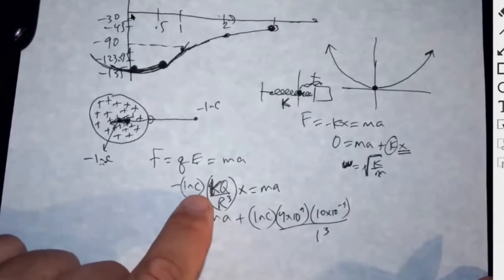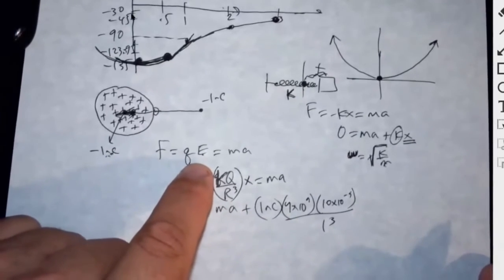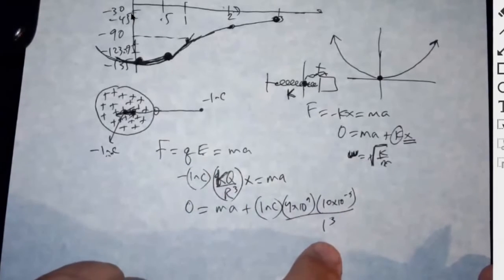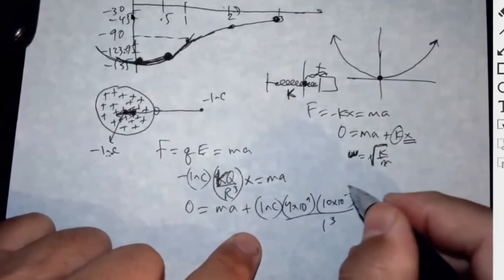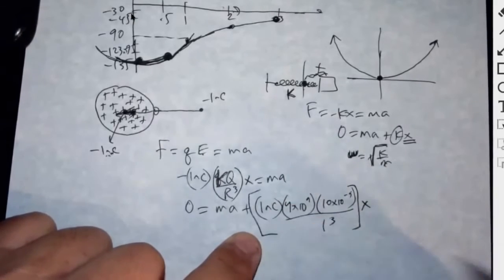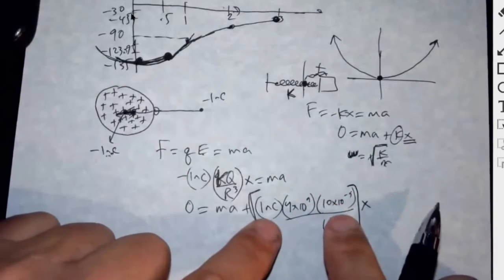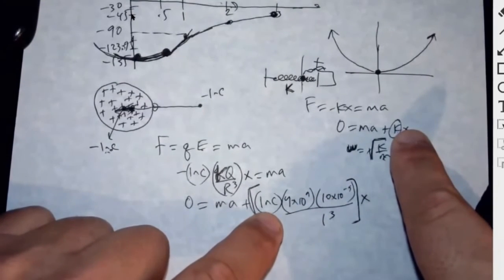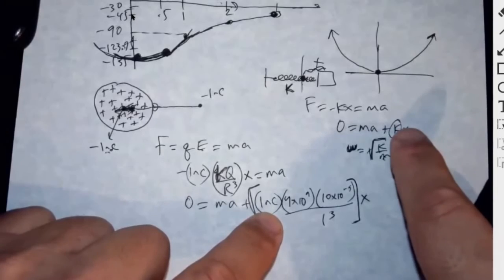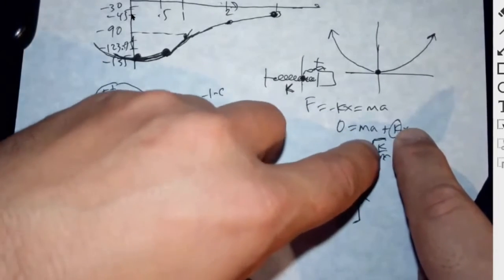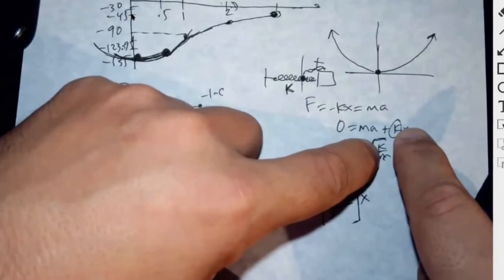Right, so this is the charge of the object. This is the kq over r cubed times x. So I'll put it like this. So this acts as the Hooke's constant in that differential equation, right? The k, which is the square root of k over m, right?